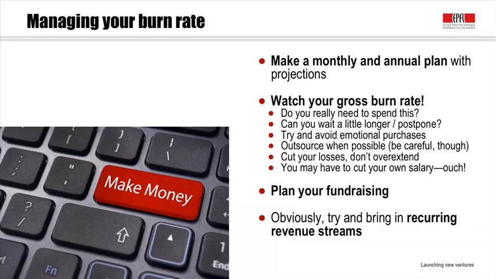When it comes time to make a major expenditure, ask yourself, do I really need this? Do I need to spend this money right now? Could I test and see if there's something else I could do? Could I wait a little bit longer, postpone it for a month or two, and think about whether I can live without this purchase? So try and avoid emotional purchases.